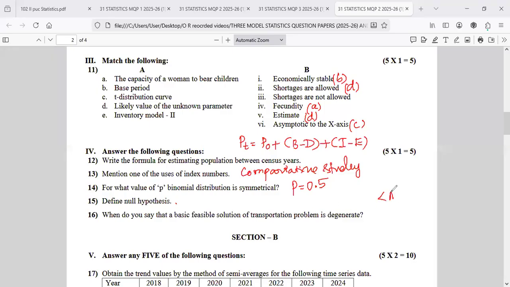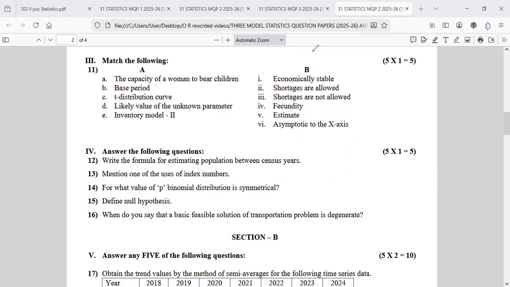That is degenerate. If it is equal to m plus n minus 1, that is called non-degenerate. So this is model 2 paper, section A completed. Similarly, we'll go to model 3.